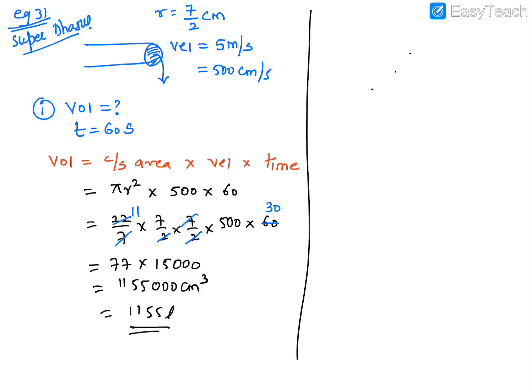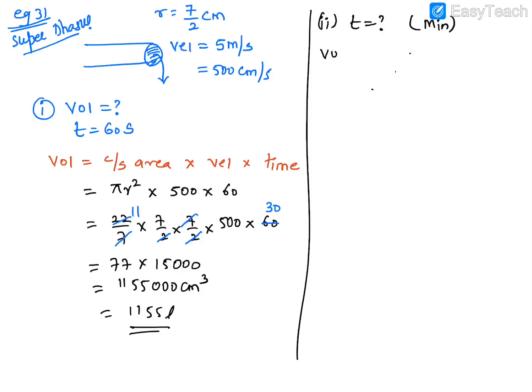In the second part of this problem, they are asking how much time would it take in minutes. So it must be a large amount of time. That's why they're asking us to find in minutes and not in seconds. The pipe would take to fill an empty rectangular tank.